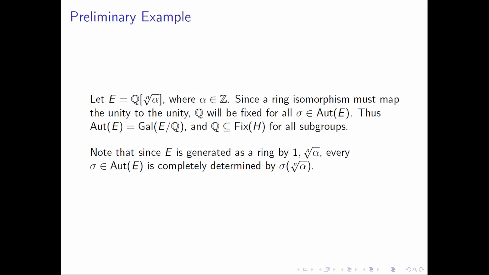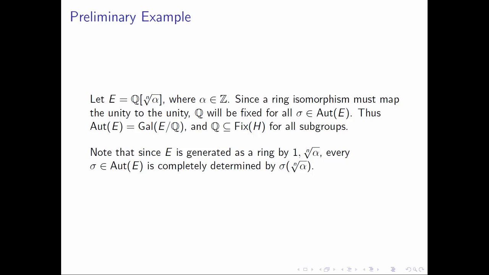Before we get into the real theory here, I just want to do one fairly useful but basic example. Suppose that the field E is the rational numbers adjoining the nth root of alpha, where alpha is just any old integer. Now a ring isomorphism has to map the unity to the unity, and field automorphisms in particular are ring isomorphisms.